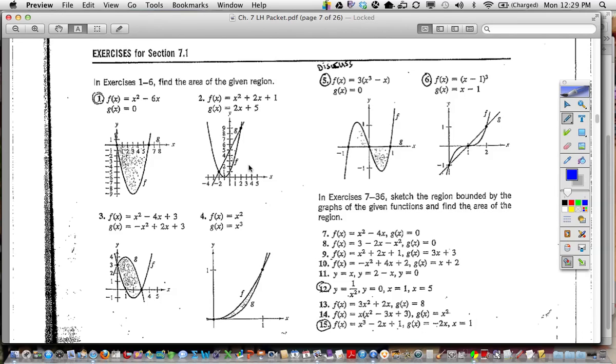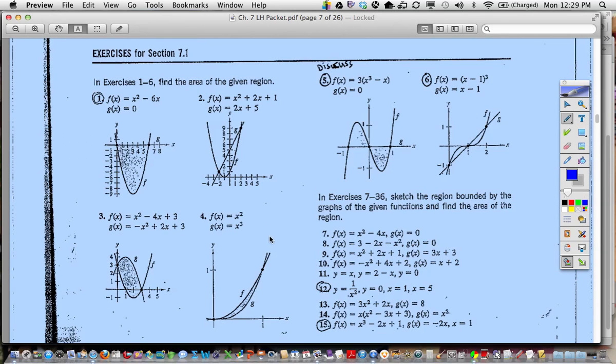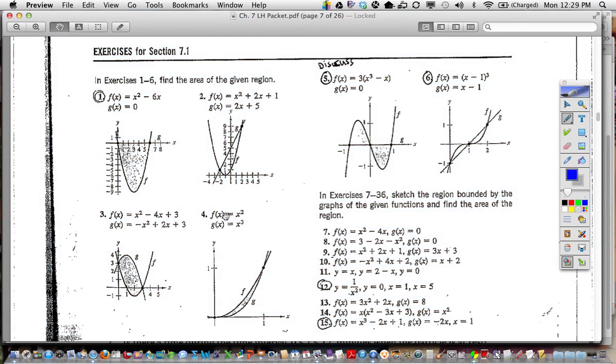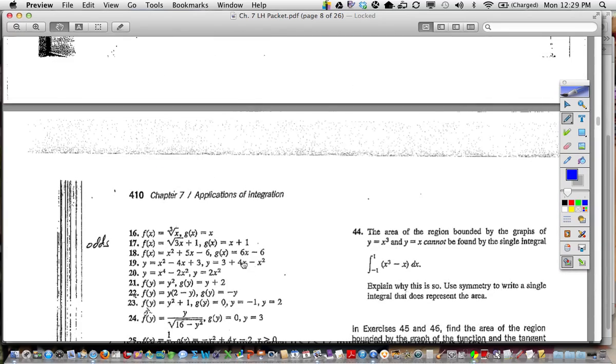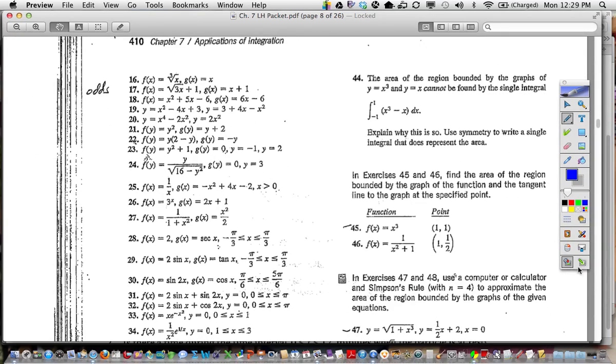All right. Which one was it? 21 you said? Yeah. Okay, if we take a look at 21 here, you've got x equals y squared, which is a sideways parabola.